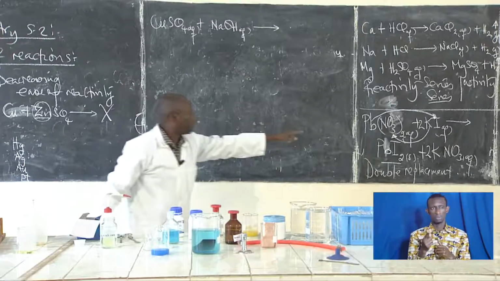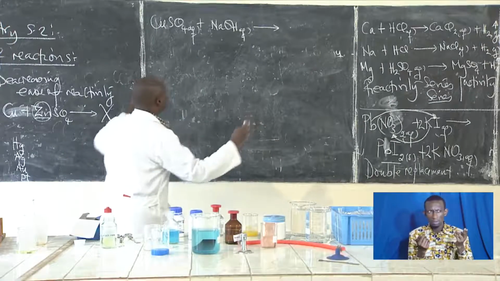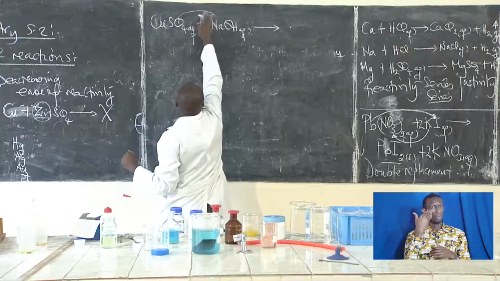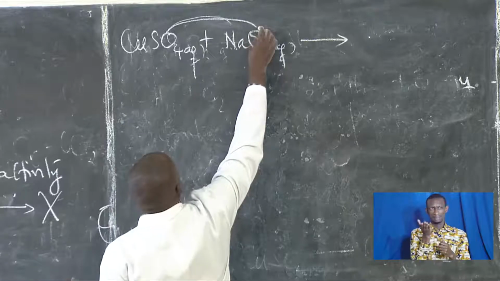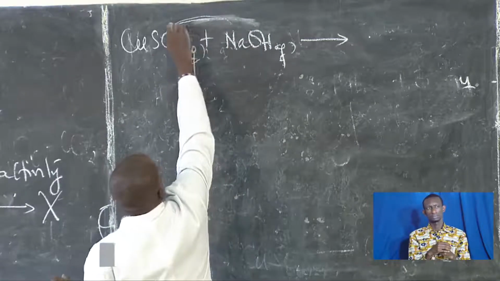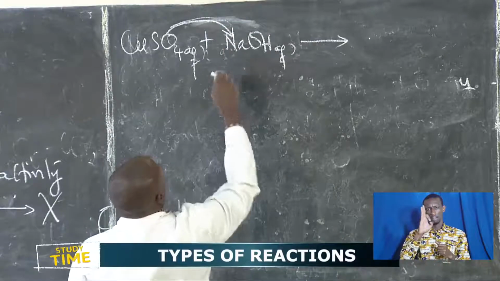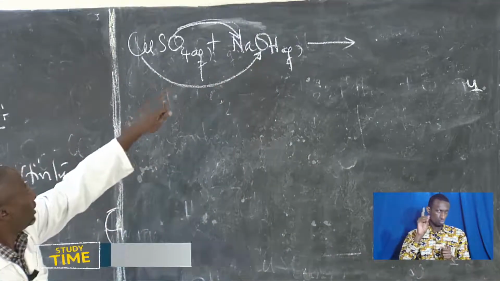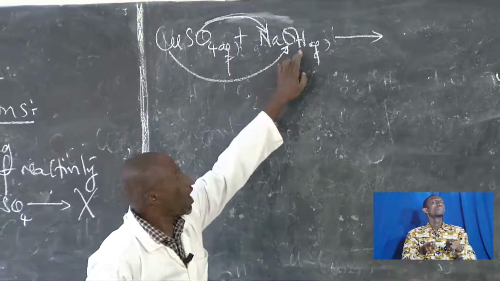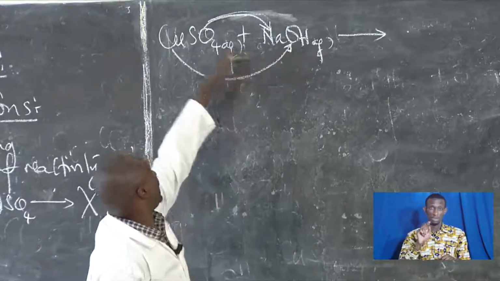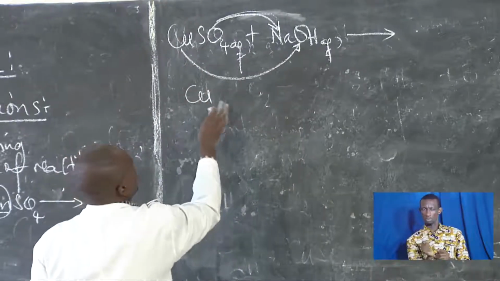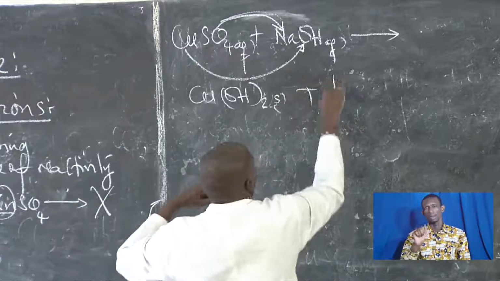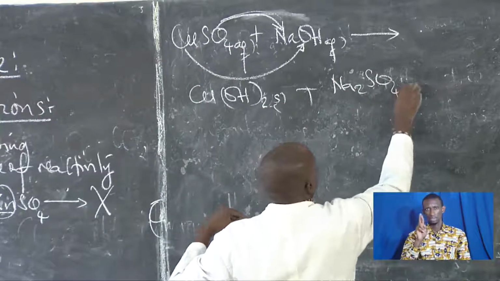Can you just predict from what we did here? So you can easily predict from this one. The sulfate combines with the sodium. So what is happening? The cation of one compound reacts with the anion of the other. So this gives copper hydroxide solid, plus sodium sulfate.